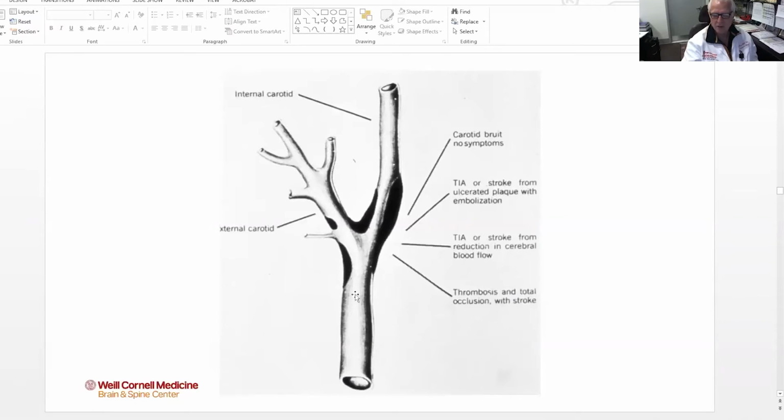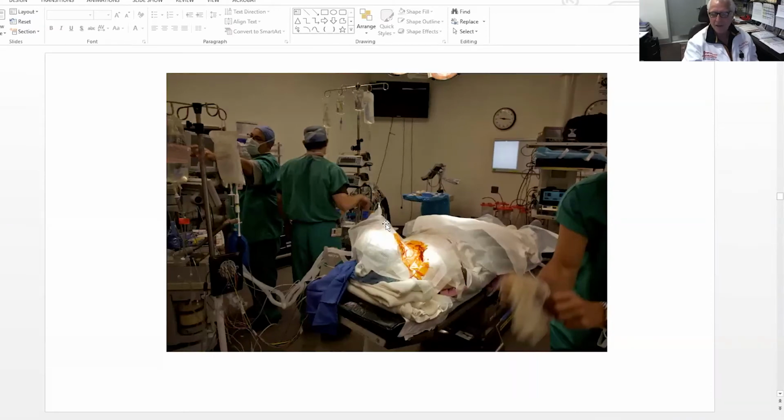As I had shown in earlier slides, the area we're worried about is the carotid bifurcation. There's turbulence of flow. The turbulence of flow induces injury and the deposition of lipid and the formation of platelet aggregates, which can cause the distal embolic events.